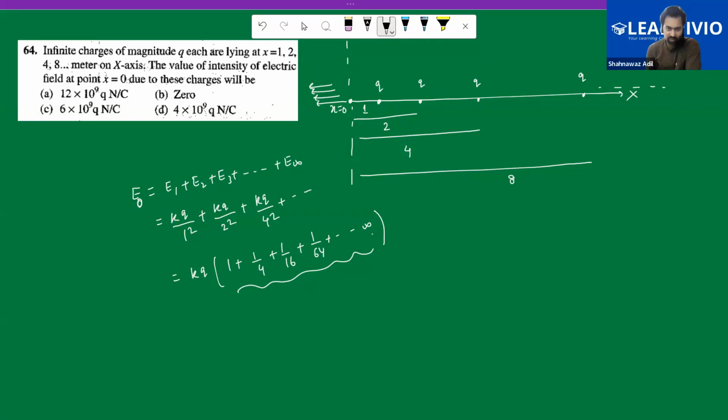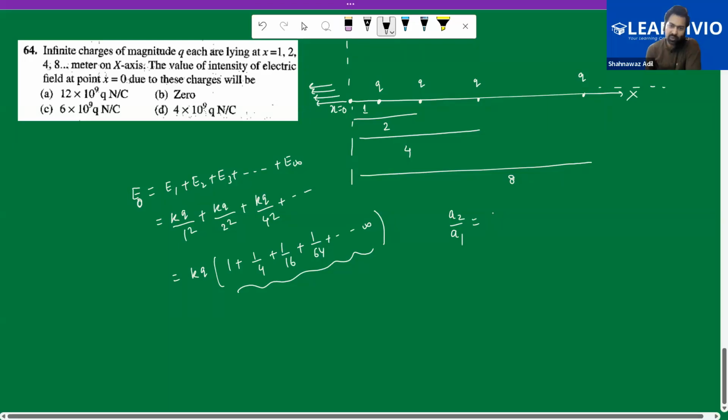Whenever we have this kind of progression, if I calculate the ratio, then this would be 1 by 4 divided by 1, so that is 1 by 4.